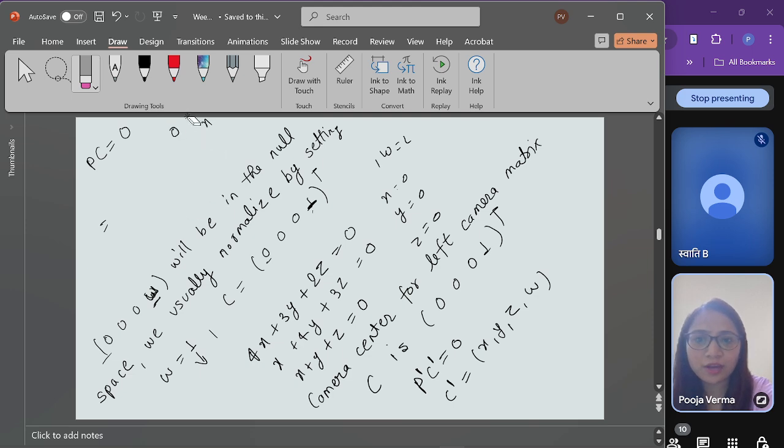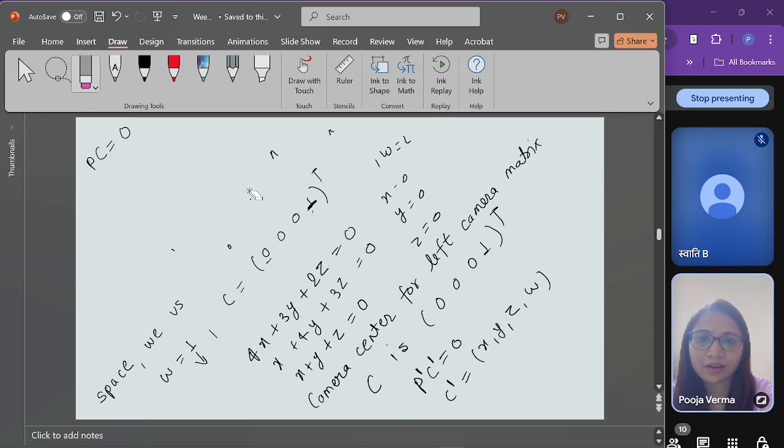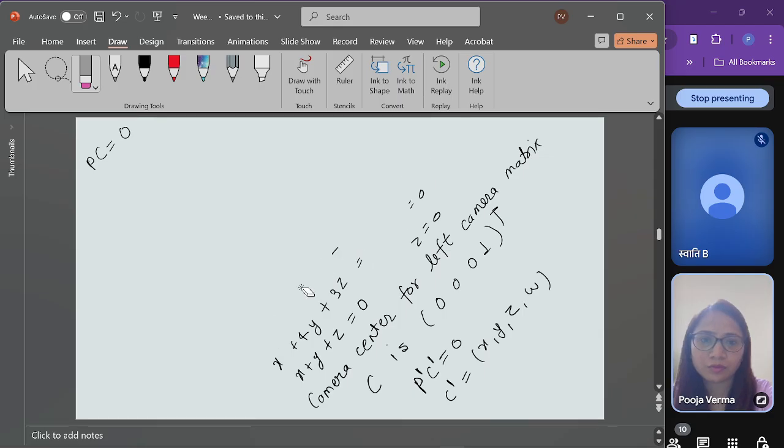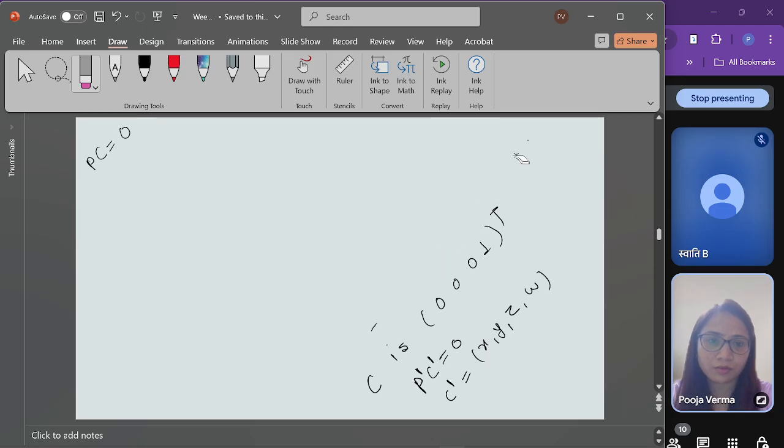So have you understood this point? If all the last column of the matrix is all 0, we can directly write it. If you have any doubt, you can solve it. You just solve these three equations, you will get x, y and z values 0.